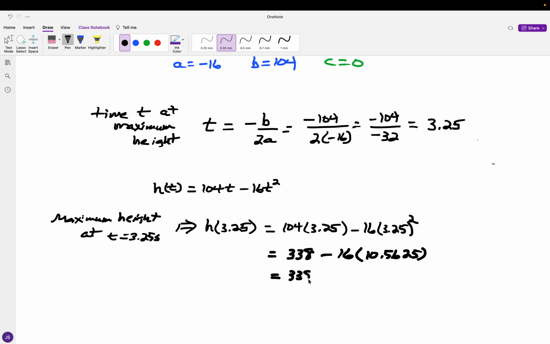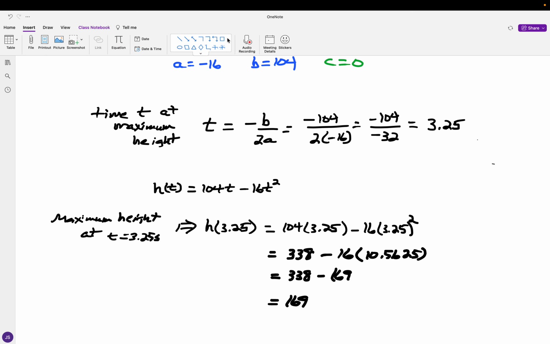Multiplying that number by 16, you have minus 169, and 338 minus 169 is going to be 169. So for the final answer, we have 169 feet.